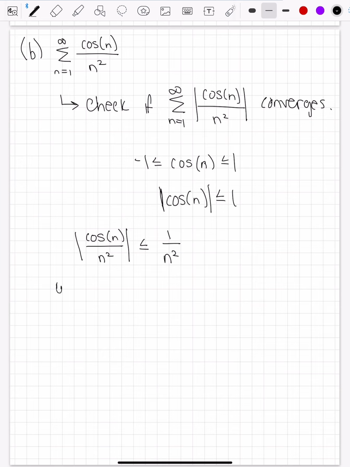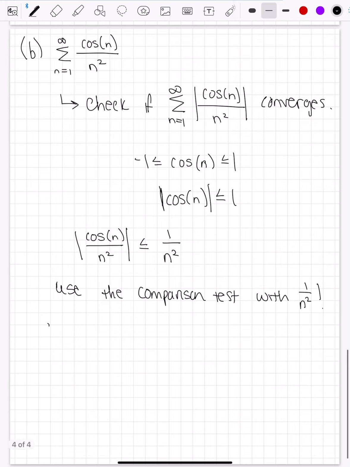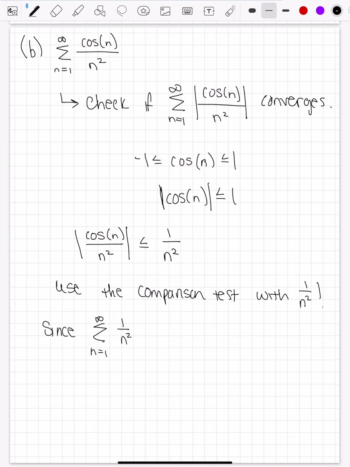So then we can use the comparison test with 1 over n squared. Perfect. And then since we know, what kind of series is 1 over n squared? That is a p series with p equals 2.